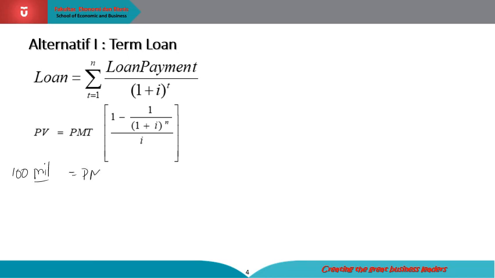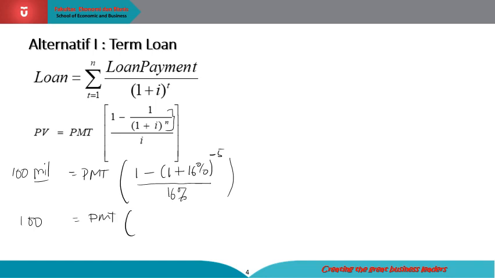So this is the PMT, the payment that needs to be made, and here is 1 minus 1 plus I, where I is 16%, and the N going up here, so it will be minus 5. This over 16%. So 100 over PMT, and let me calculate that first.